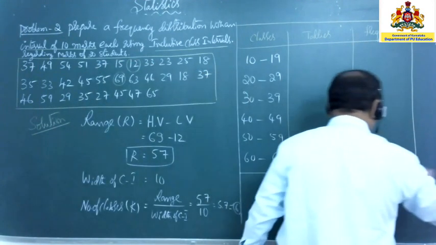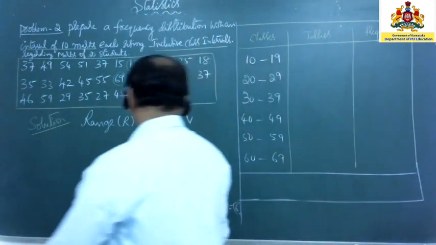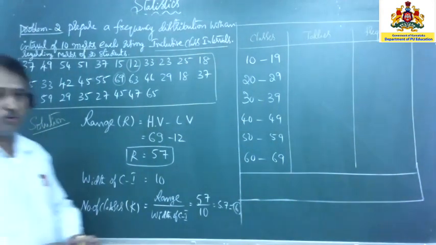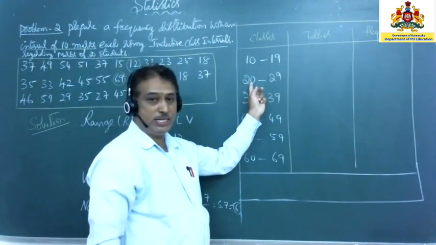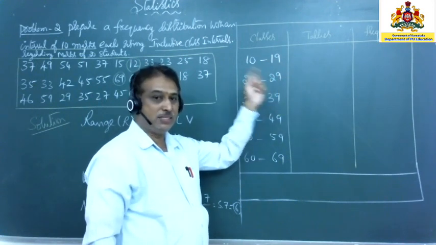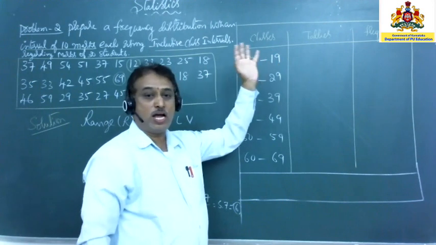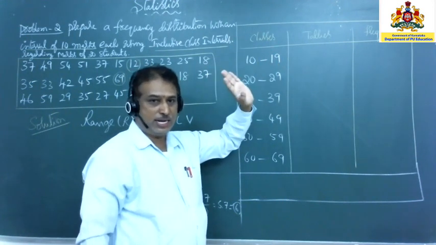Now we have to put the tallies. You know how to put the tallies, but in the exclusive type of class interval, if 20 is there, you mark the tally for the next class. The reason is that we are excluding the upper limit, because that is the exclusive type of class interval.